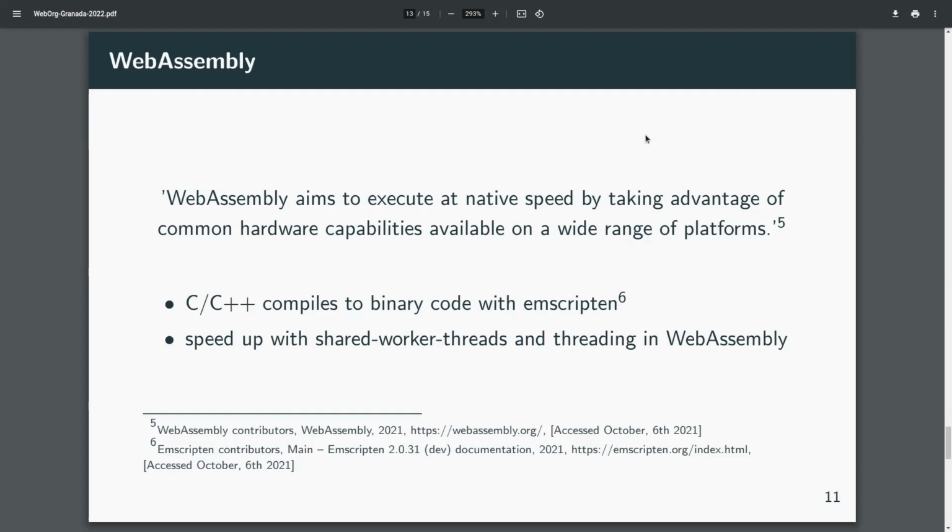In essence, you would write your code in something like C, C++, TypeScript, Python, Java, C#, and then with a special compiler, compile it down to binary code. Here in the example for C and C++, that's with Emscripten. And this binary code can then be run in the web browser.